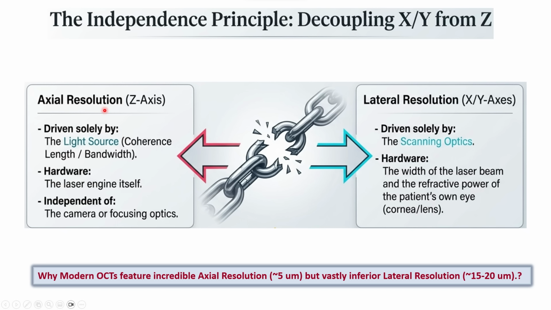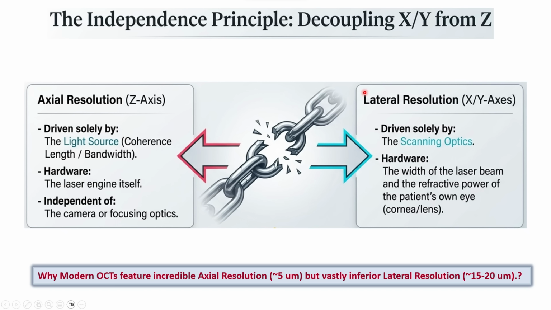Now, the axial resolution is dependent on the quality of your light source. As I said, low coherence, the bandwidth, so it is dependent on the light source and is not dependent on the optics or the physics of the machine itself or the patient's eye himself. So it is purely dependent on the light source that you are using.